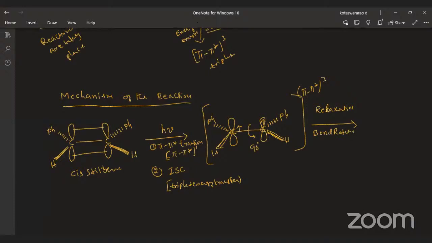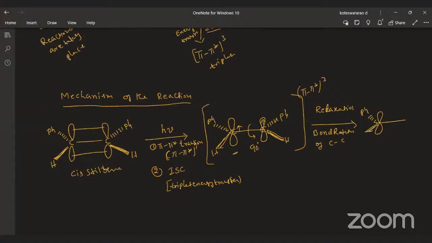In the CC bond rotation, you keep one of the carbons at a constant position and rotate the other 90 degrees. Look here, there is no change in the arrangement of the unhybridized p orbitals.